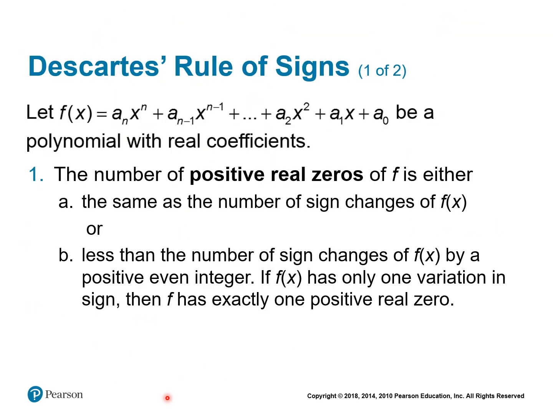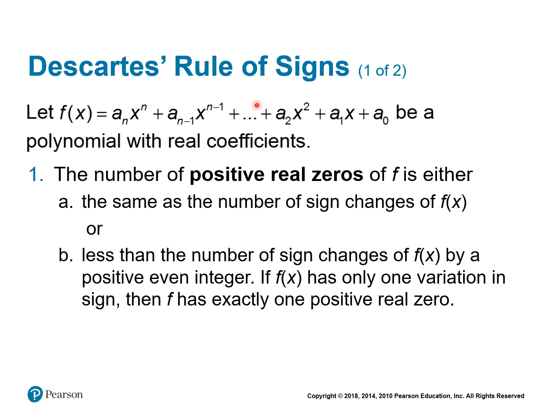Now, one last rule to study before we end this video podcast. It's called the Descartes rule of signs. Now, this tells us how many positive and how many negative roots we can expect from a polynomial.